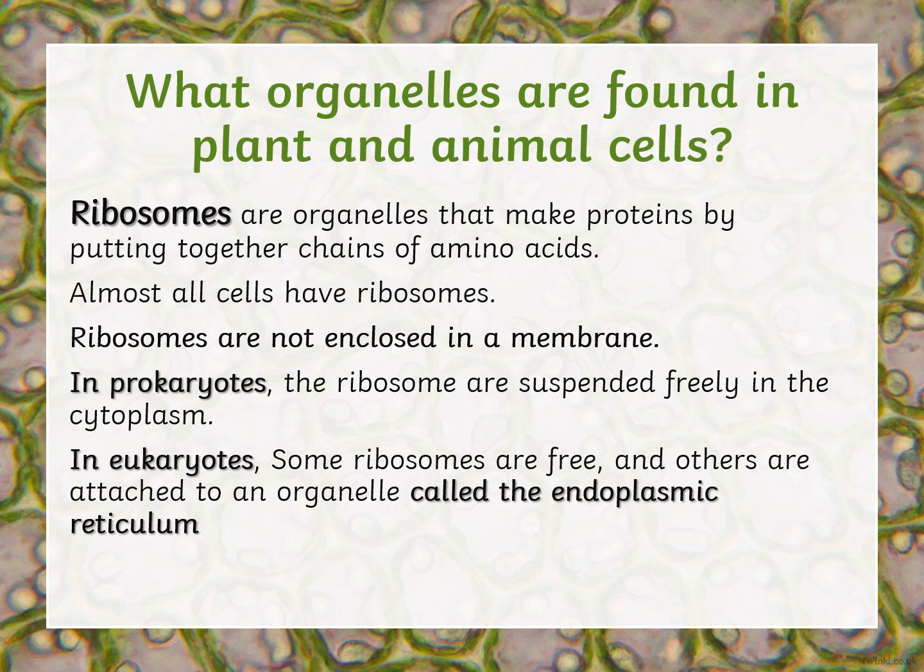All cells, both prokaryote and eukaryote, contain ribosomes. The ribosomes aren't enclosed in a membrane. In the eukaryote, some ribosomes are free in the cytoplasm, but others are attached to an organelle called the endoplasmic reticulum.